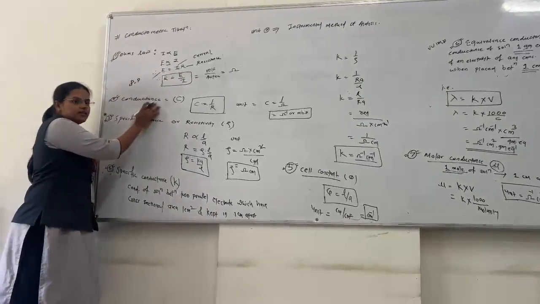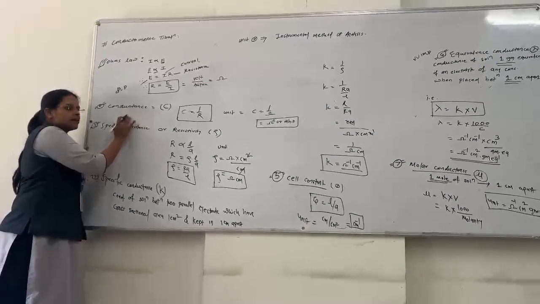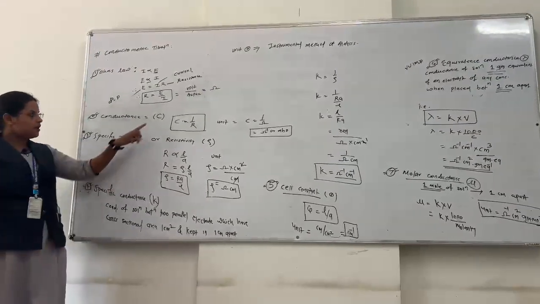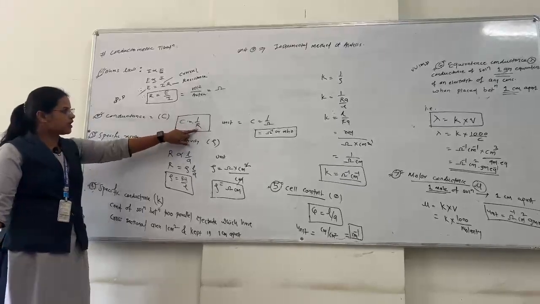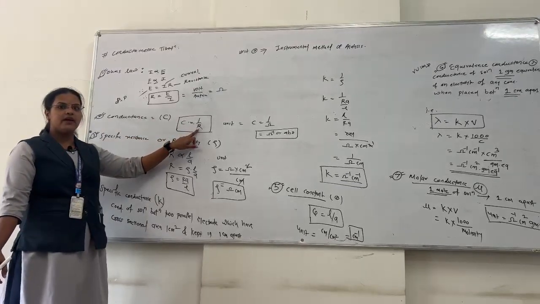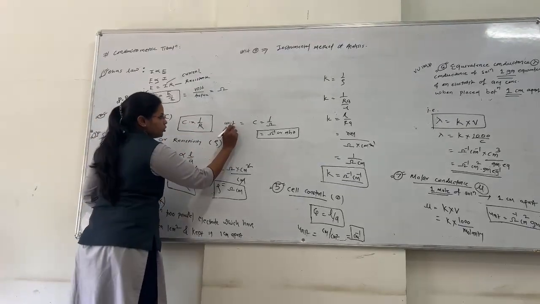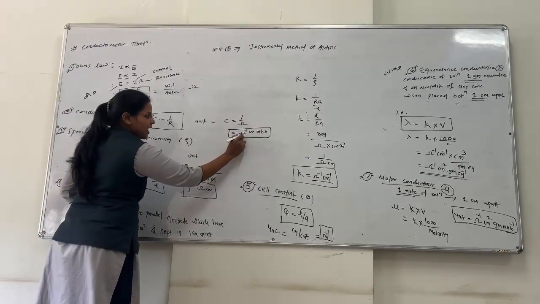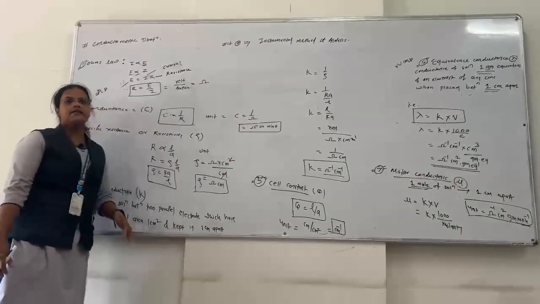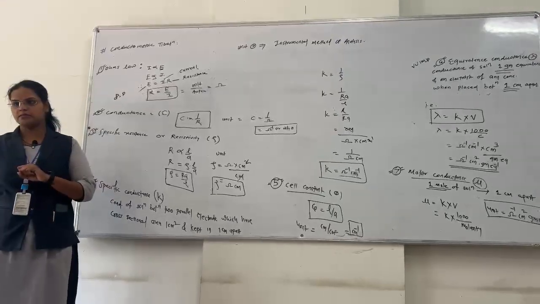Next definition is conductance, shortly represented by C. It is the reciprocal of resistance. As resistance is measured in ohm, the unit is 1 upon ohm, or ohm raised to minus 1, or mho, that is the unit of conductance.